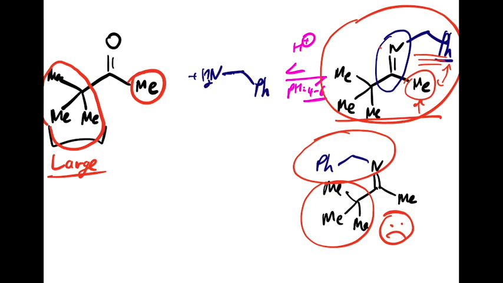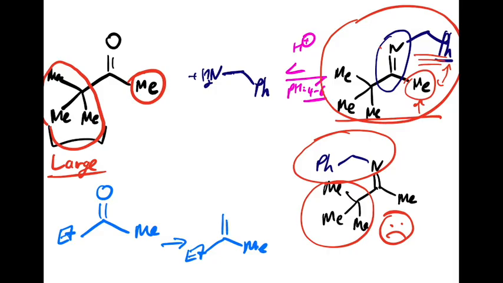Now, in certain cases, right, if we had a molecule like this with a methyl and an ethyl, you're going to get both possible products, right? You're going to have the methyl, ethyl, nitrogen R, but also you'll have nitrogen R with the ethyl group here, methyl group there.